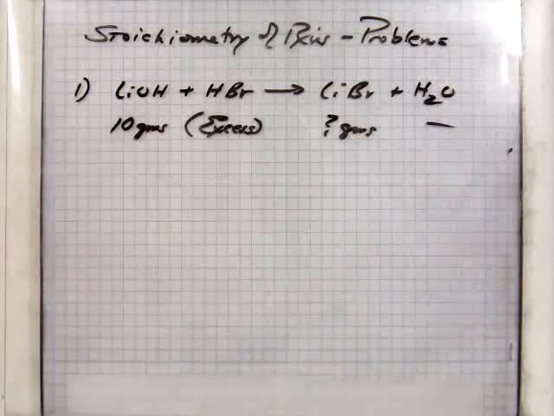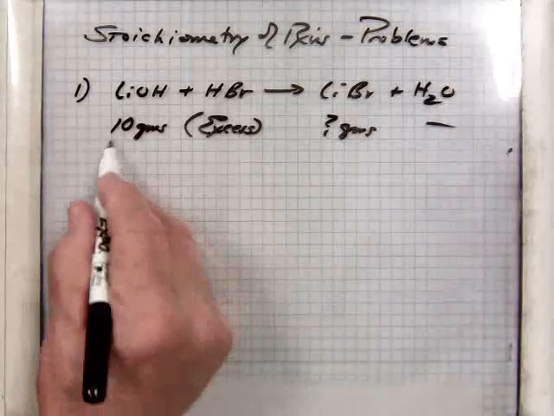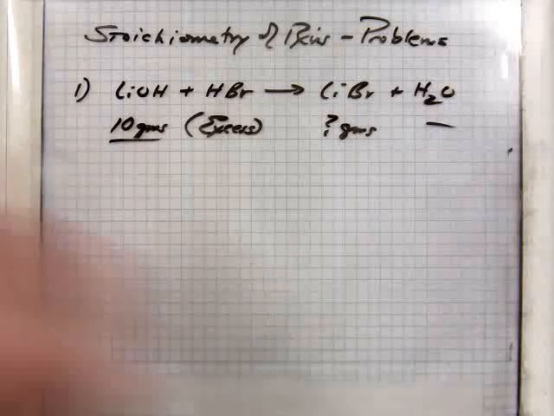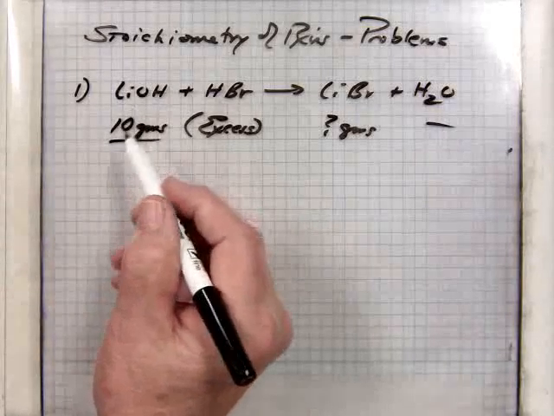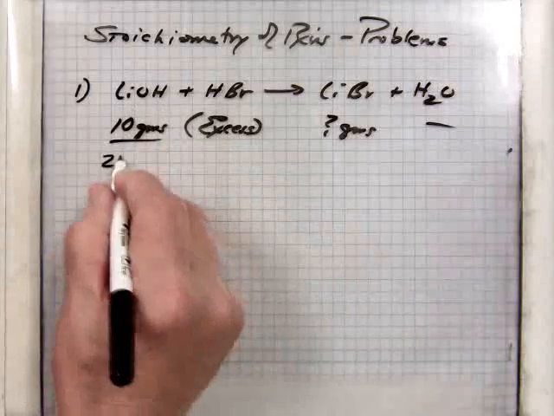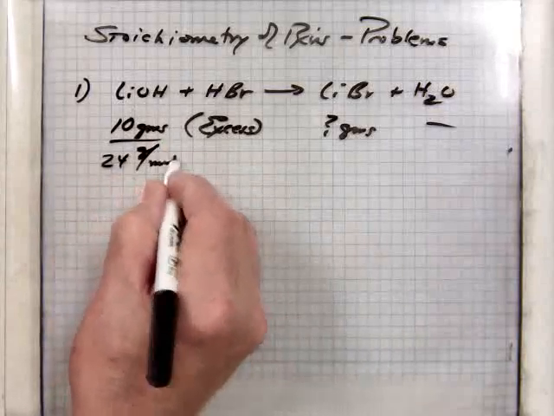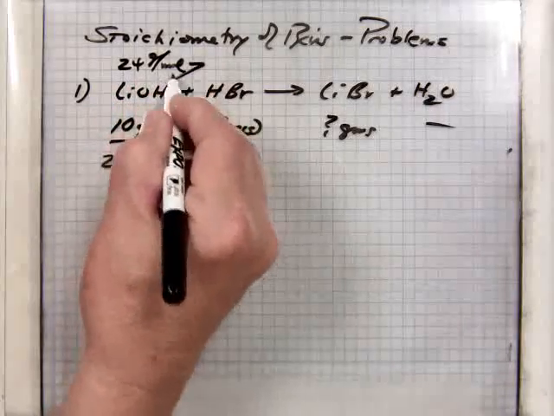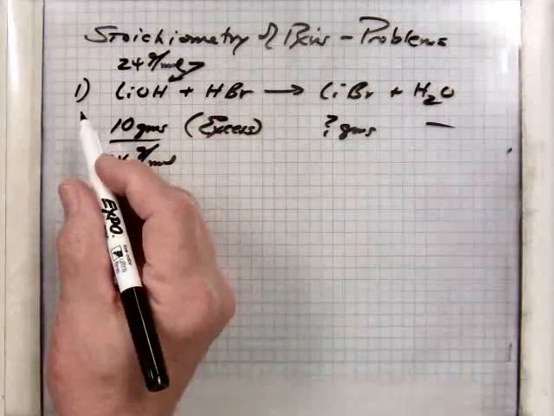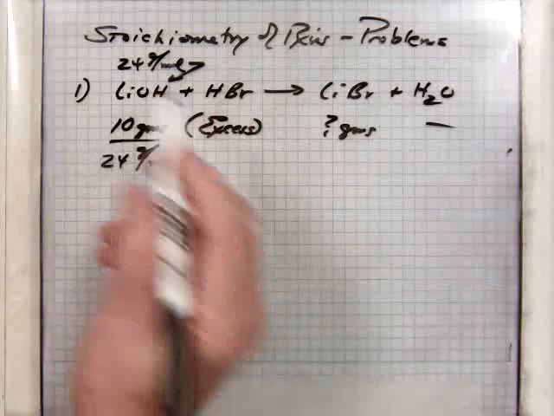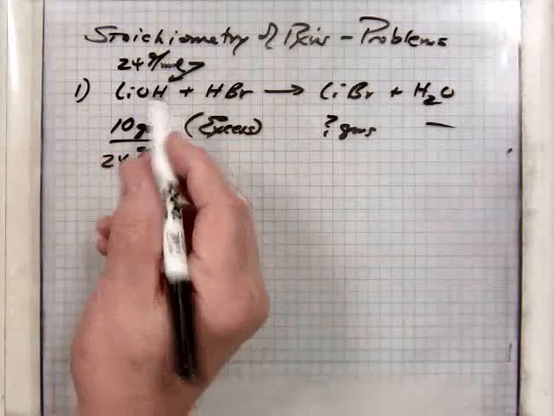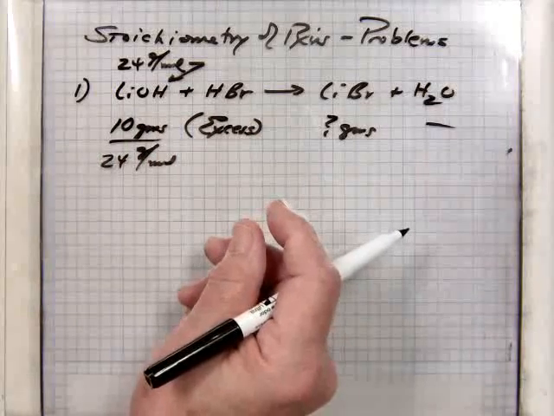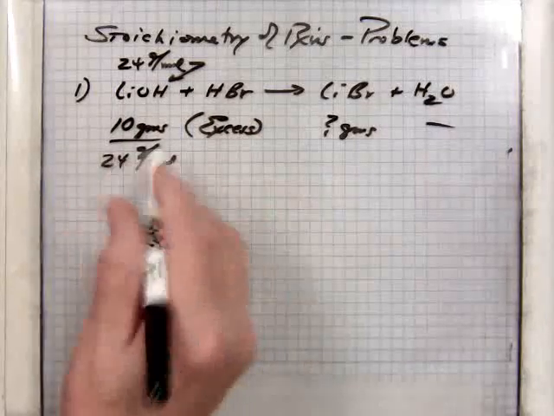So lithium hydroxide, we need to divide by the formula weight of lithium hydroxide. Of course, lithium is 7, oxygen 16, and hydrogen 1 gives us 24 grams per mole.